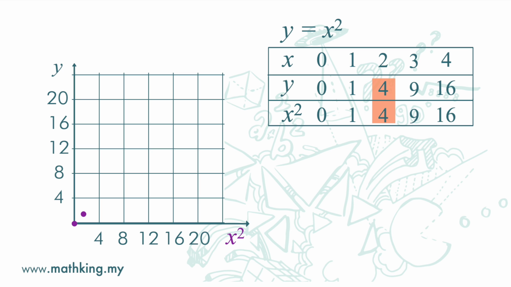When x squared is 4, y is 4. When x squared is 9, y is 9. When x squared is 16, y is 16. So now we have a straight line. We can convert most non-linear graphs into linear graphs in this way.